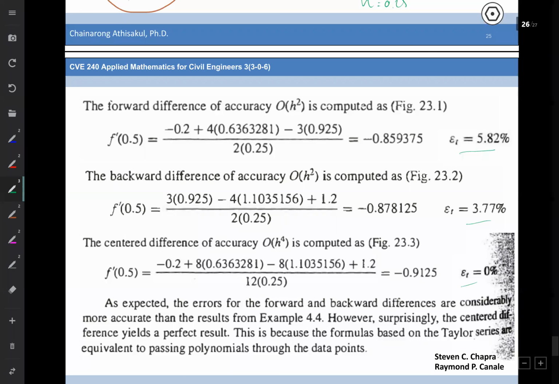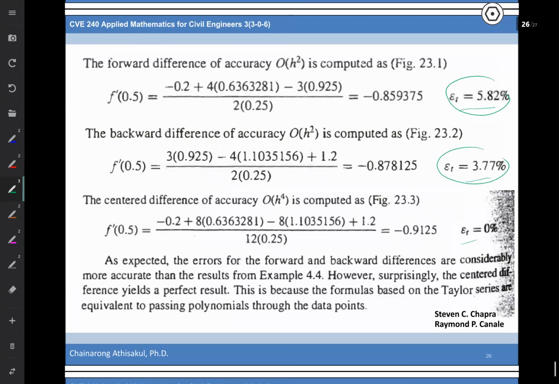For the forward and backward, it becomes 5.82% and 3.7% respectively. And for the central difference, it's close to 0. Okay, so it's better than the simple one.